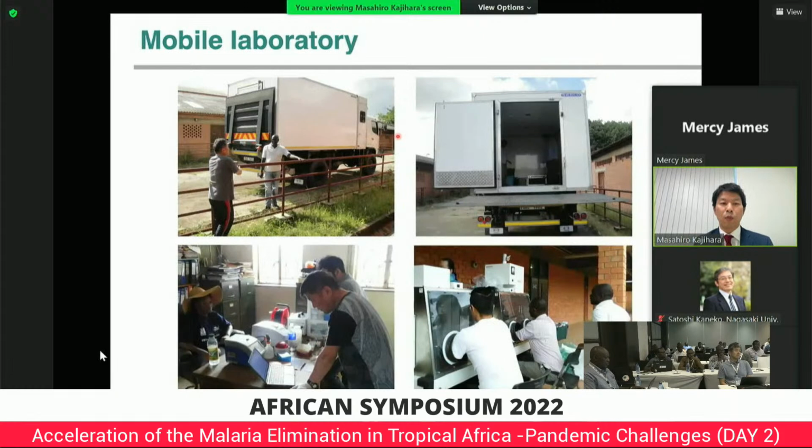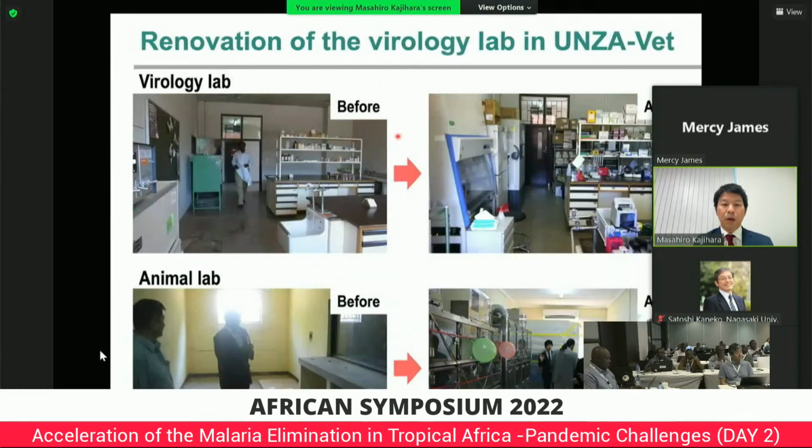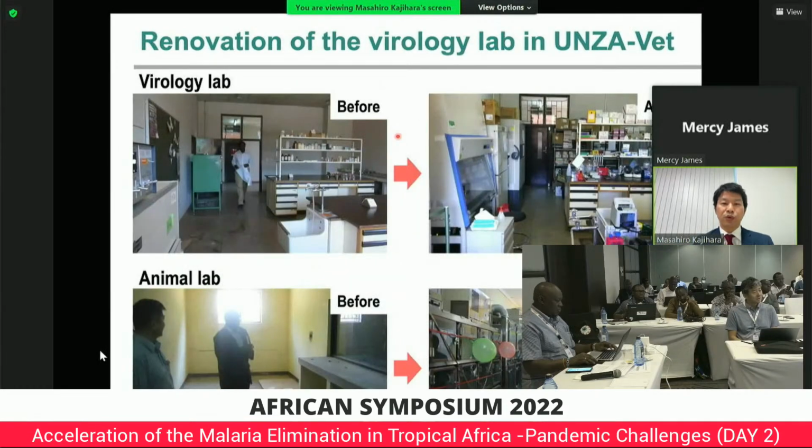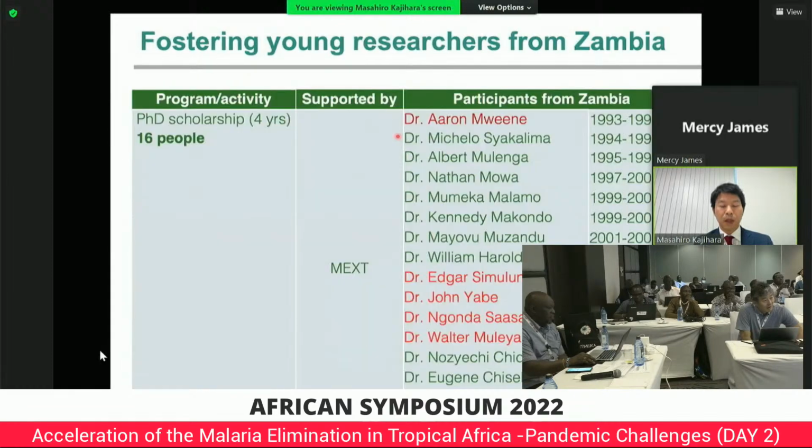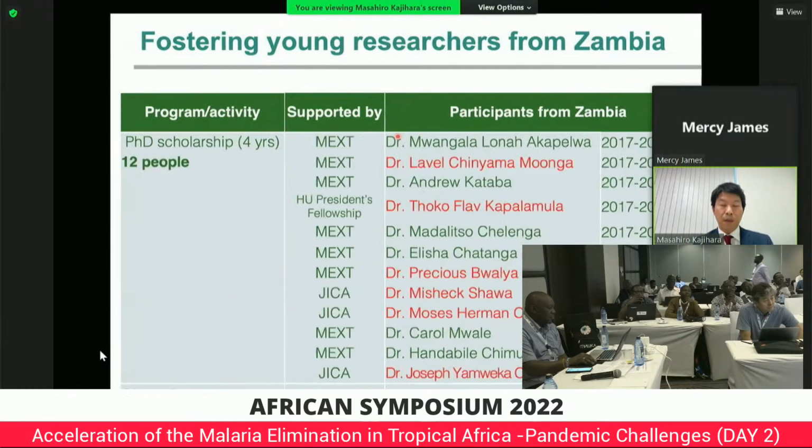Using this mobile laboratory, we can conduct field sample analysis at the site. Also, the laboratories in UNZAVET are upgraded under the SATREPS project. Not only equipping the laboratories, we are continuing the education of the Zambian counterparts. So far, approximately 30 people have taken the PhD course at our Hokkaido University.